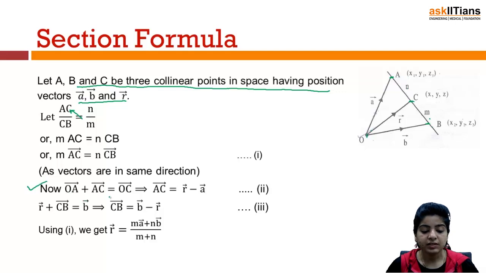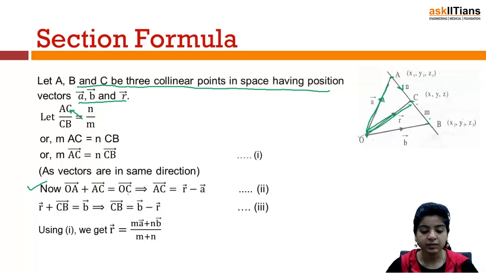Then OA plus AC is OC. Quite obvious, we have already discussed these concepts. If this is OA vector plus AC vector, the resultant would be the OC vector.